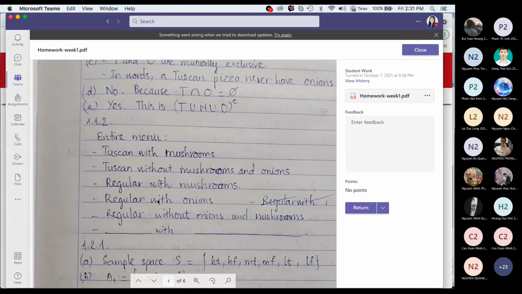Please look at your solution and check it against the solution of Hải Đăng, please, to see if you have the same solution as your friend Đăng.